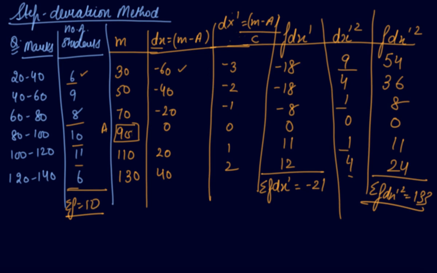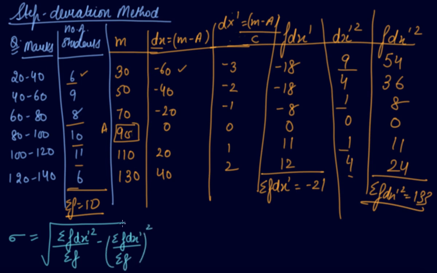Now simply put it in the formula of standard deviation. See, the formula of standard deviation in the case of step deviation was the square root of summation f dx dash square divided by summation f, minus summation f dx dash divided by summation f, whole square, into c, that is your common factor.